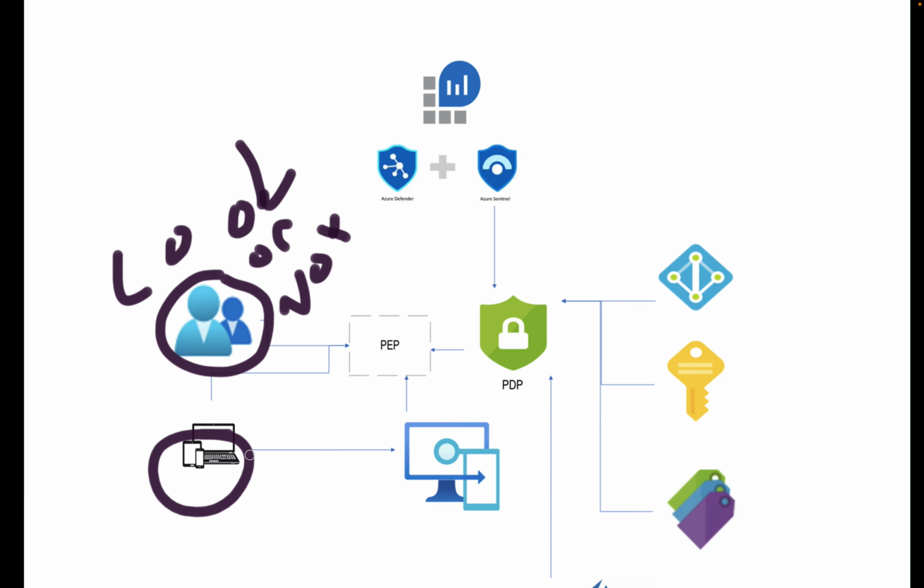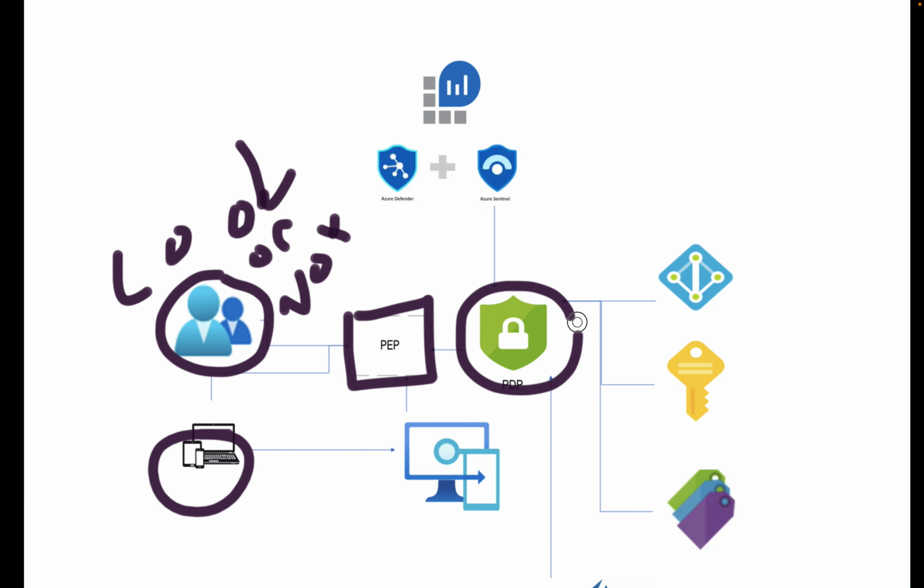Now, they will first go through the policy entry, where the policy will be enforced. And right here in the Microsoft Azure, we have our conditional access policies, which will be the policy decision point.